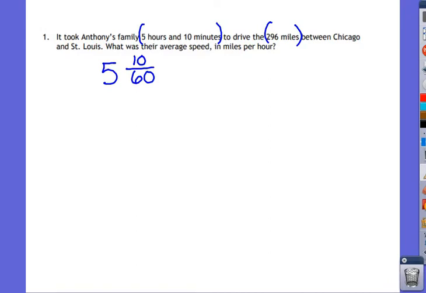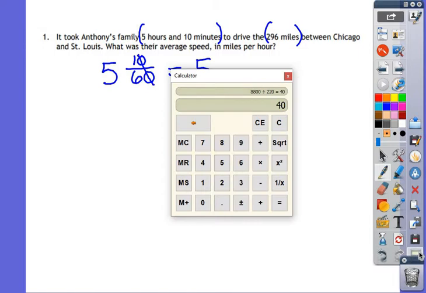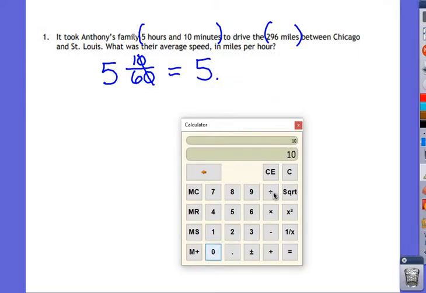That's going to give me, no, 10 divided by 60 isn't going to give me a whole number. It's going to give me more than that. If I get my calculator, I have 10 divided by 60.